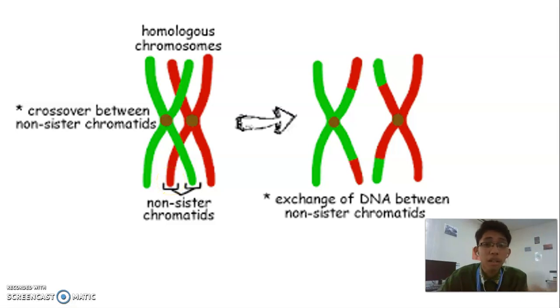Kalau sama kan tak berlaku genetic exchange, mestilah daripada non-sister chromatid barulah boleh berlakunya genetic material exchange, barulah boleh berlakunya genetic variation. So exchange of DNA between non-sister chromatids, dalam diagram dia guna color supaya kita nampak berlakunya pertukaran genetic materials.